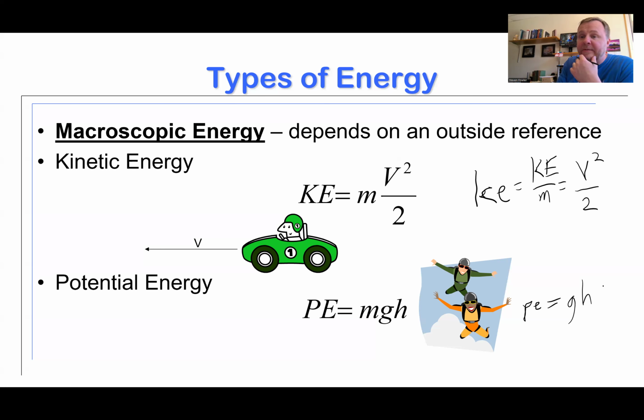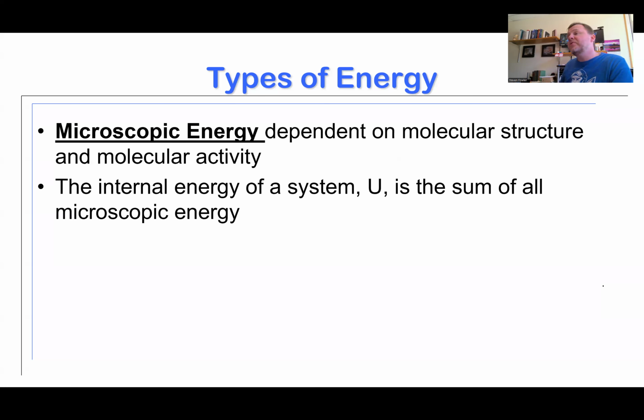I'll leave that for dynamics and other classes later. Okay. But these are macroscopic energies. These depend on an outside reference for measurement, as opposed to microscopic energy, which is only dependent on the molecular structure and the molecular activity within our system.